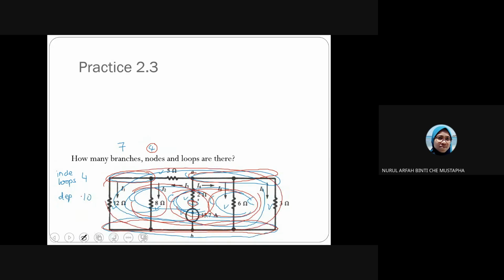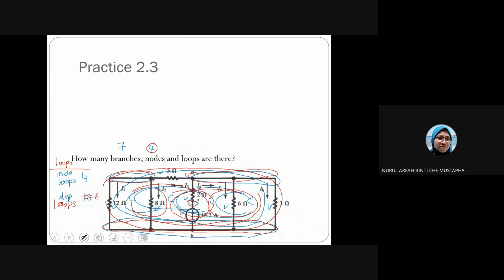So it's actually a 6. The 10 is plus this 4. Okay, done it. Any question?